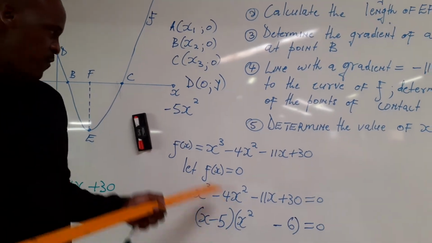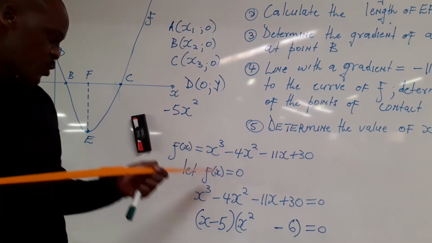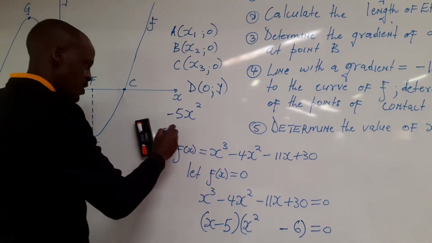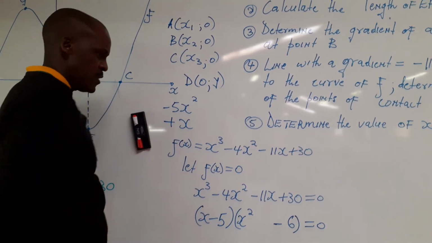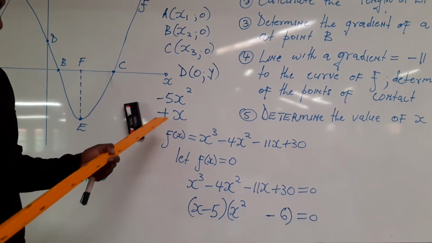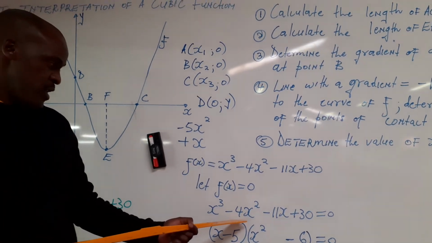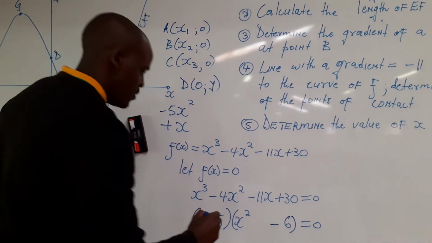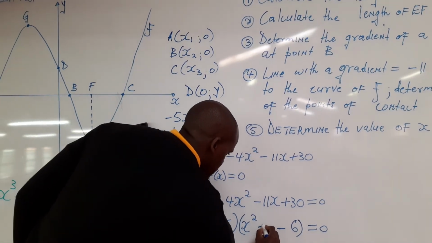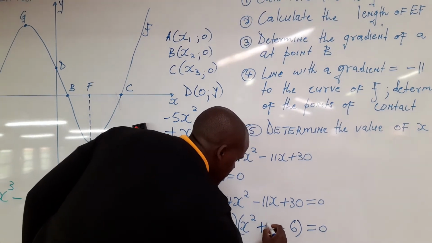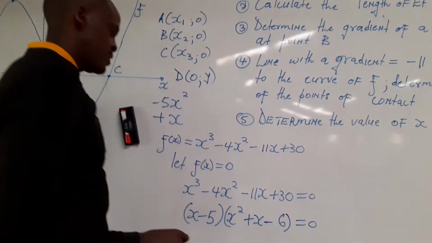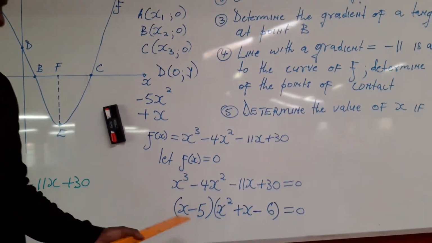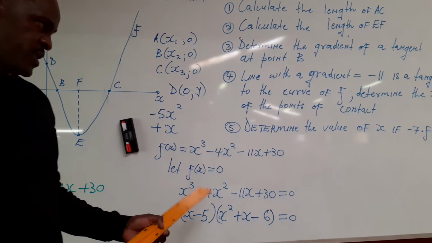We are to move from negative 5x squared to negative 4x squared, so obviously we need to add. Therefore it will be plus x.